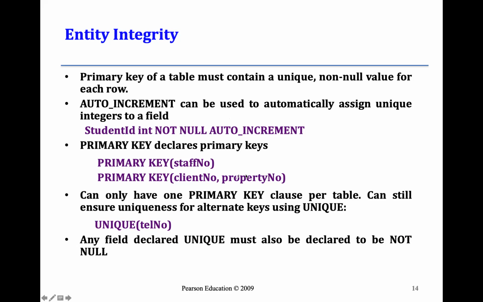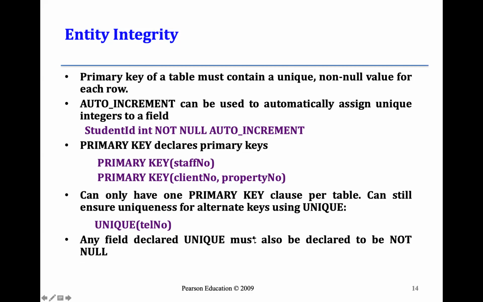And there can be only one primary key per table. If you want to have alternate keys, you're allowed to say unique and have one or more attributes in the parentheses, and that will say that that is an alternate key, and also that they must be unique.